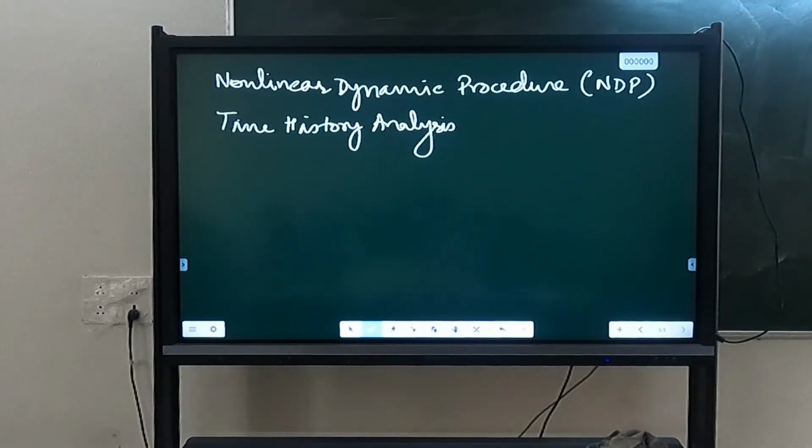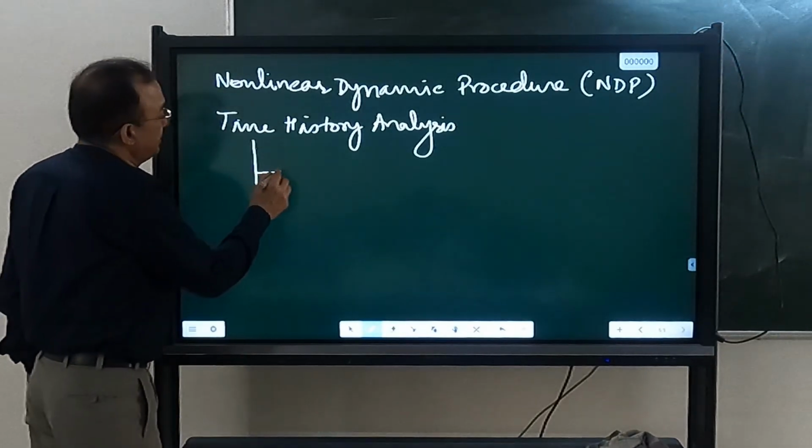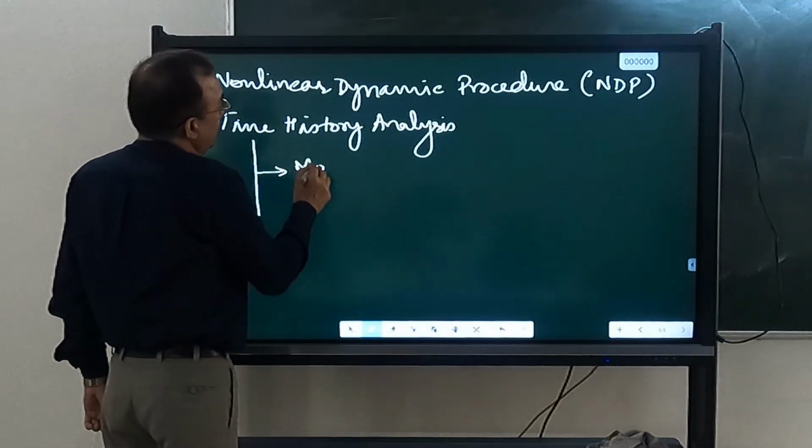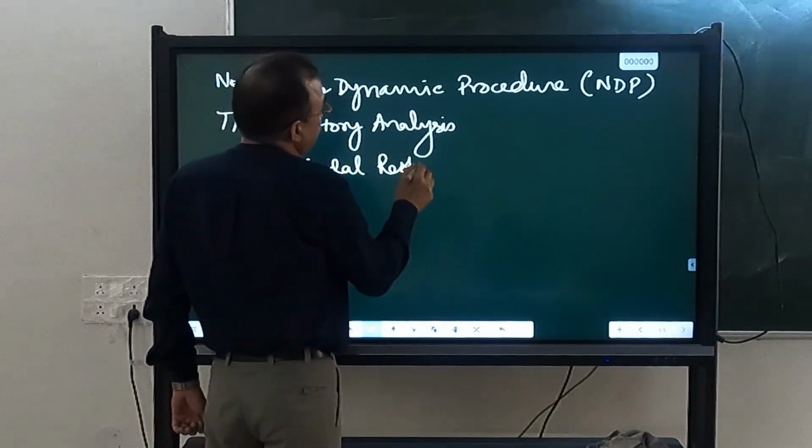So, if you remember, in linear time history analysis, there were two methods. One was what we call modal time history analysis or modal response history analysis.